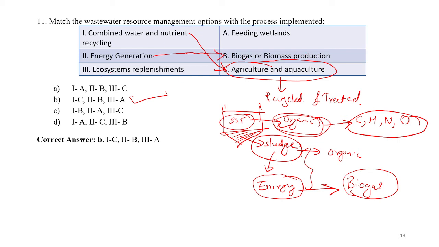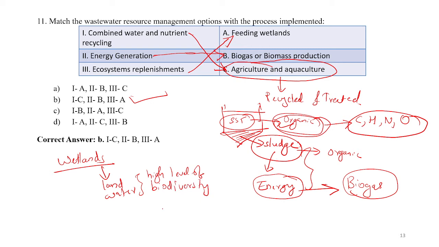And the third is ecosystem replenishment. So this is matched against feeding wetlands. Wetlands is a place where a lot of interaction is happening between the land and water, and where you have a high level of biodiversity.